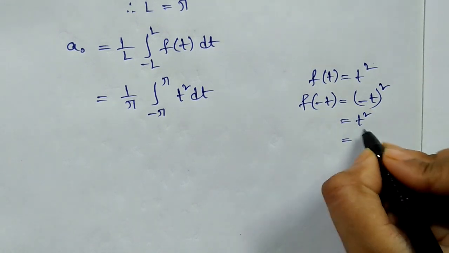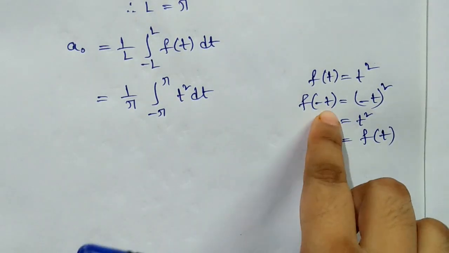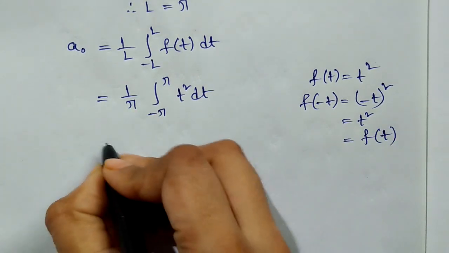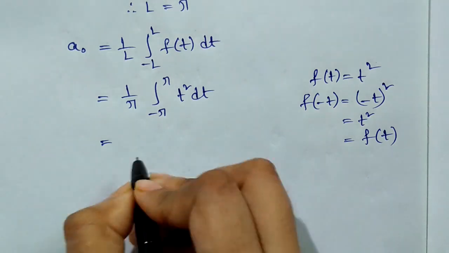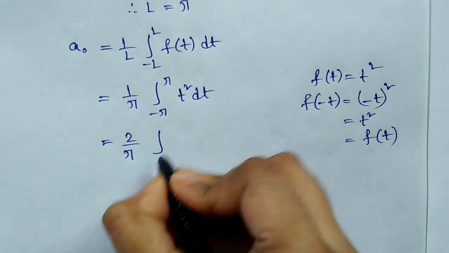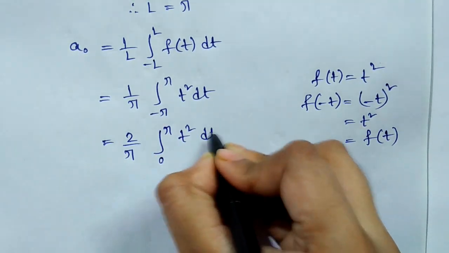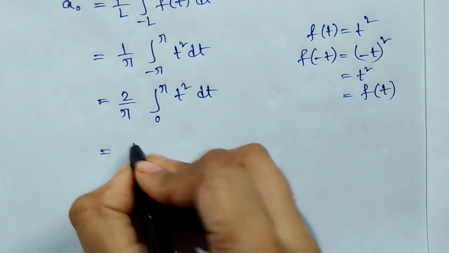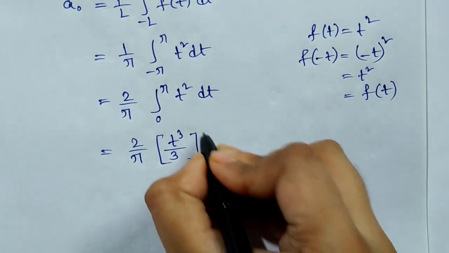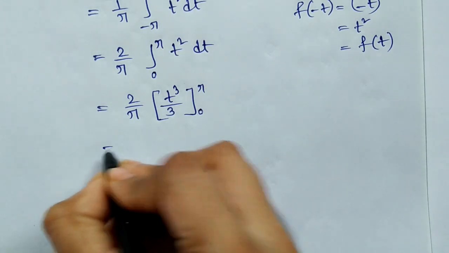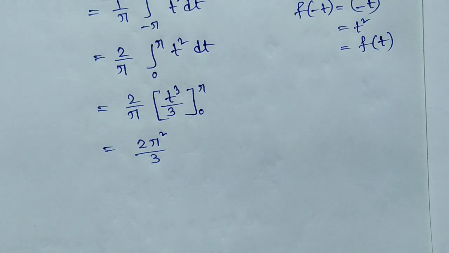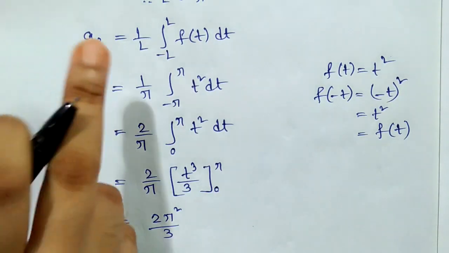So this equals f(t). Therefore f of minus t equal to f(t). This implies that f is even. Therefore our direct consequence is 2 by pi integration 0 to pi t square dt. Now this is equal to 2 by pi times t cube by 3 from 0 to pi. This is equal to 2 pi square by 3. Okay, so this is the value of a0.